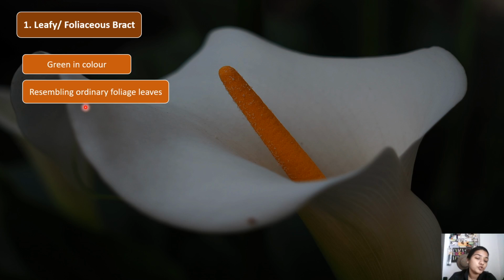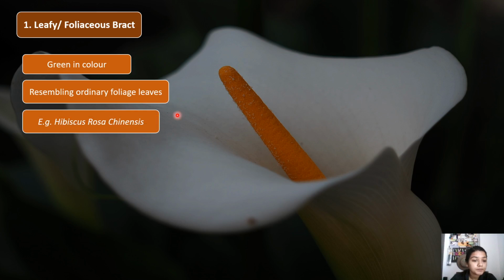सो जो प्लांट में नॉर्मल लीव्स होते हैं उसके जैसे ही लगते हैं और इसलिए इसको लीफी या फोलिएशियस ब्रैक्ट बोलते हैं. सो दे लुक लाइक द नॉर्मल लीव्स दैट आर प्रेजेंट in the plant and therefore these are called foliaceous bract. Now an example of such kind of bract is Hibiscus rosa-sinensis, that we call the shoe flower, right?